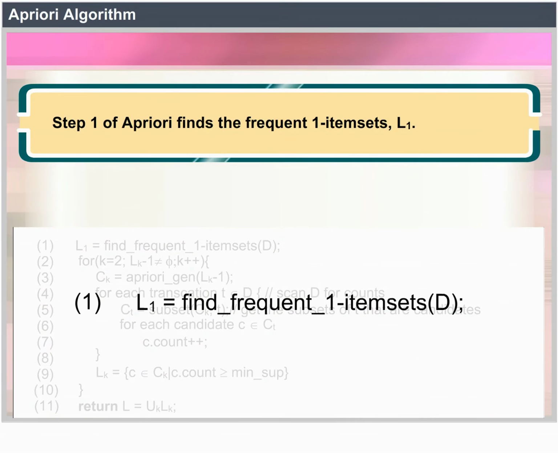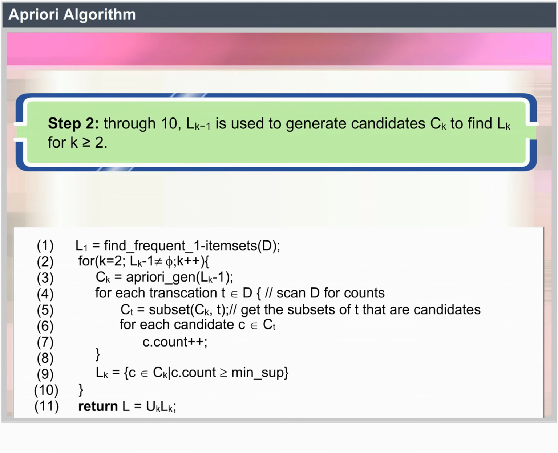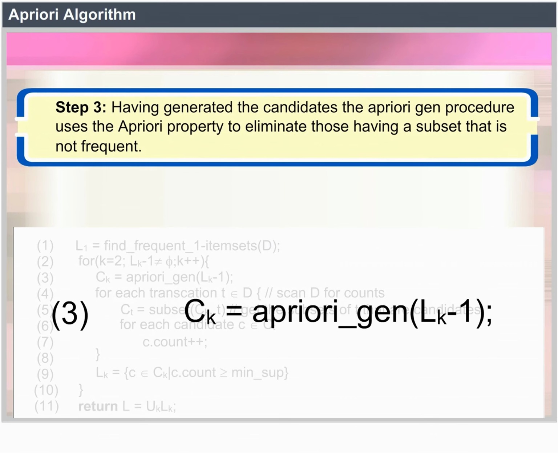In steps 2 through 10, Lk-1 is used to generate candidates Ck to find Lk for k greater than or equal to 2. The Apriori general procedure generates the candidates and then uses the Apriori property to eliminate those having a subset that is not frequent.